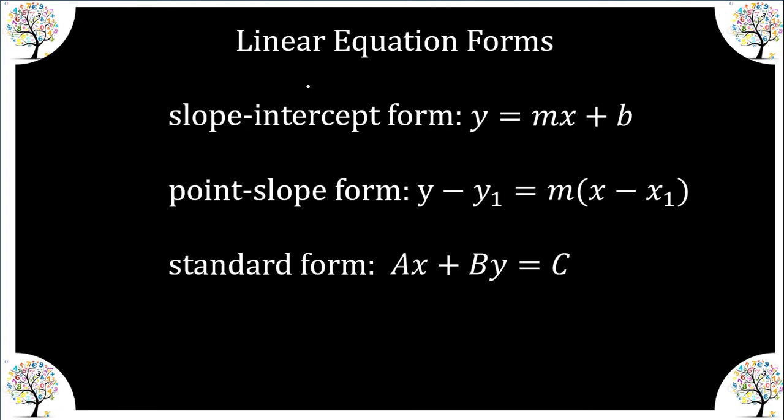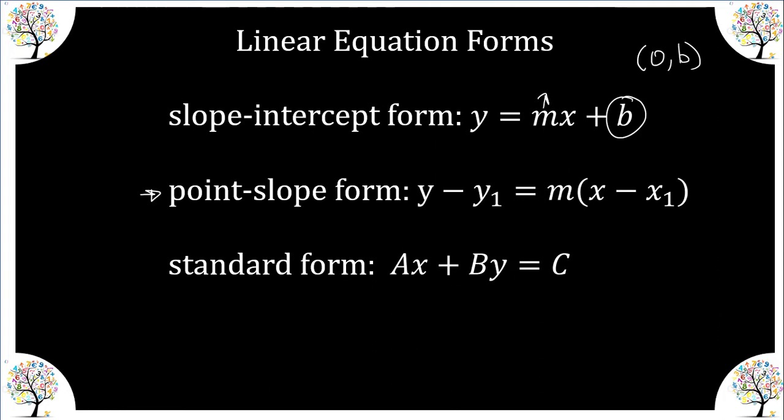Here are the three types of linear equations: slope-intercept form, y equals mx plus b. This is very useful for graphing because we have a starting point, the y-intercept, which is (0, whatever the y-intercept value is), and then our slope, rise over run.